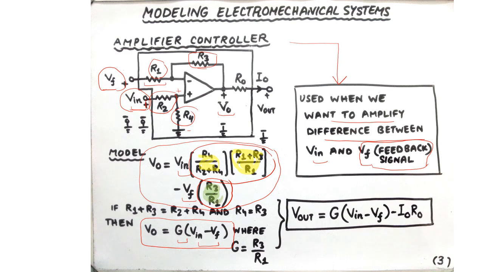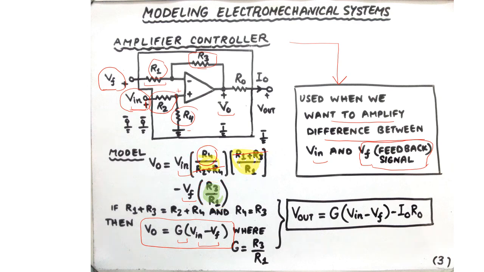However, if we impose a restriction saying that R1 plus R3 is equal to R2 plus R4, we can actually cancel these two terms, and the coefficient of V in becomes R4 divided by R1. And the coefficient of Vf is still R3 over R1.